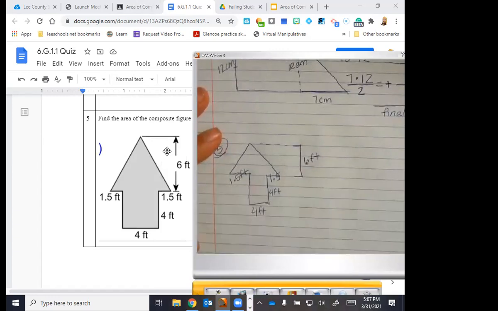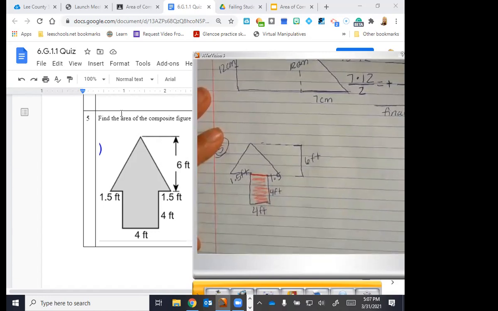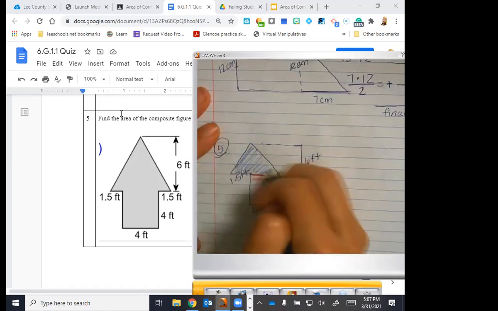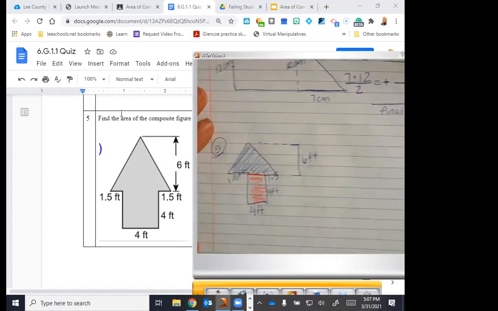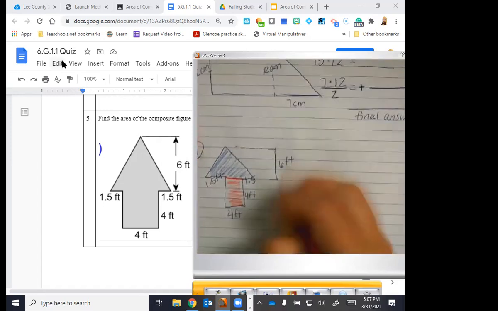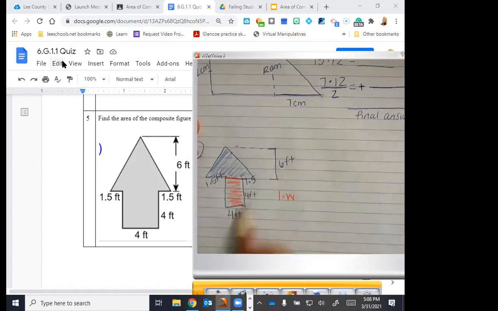I can divide this right here, and I have a square, and then I have a triangle. So again, you need to find the area of 2 shapes and add them together. So for the area of the square, just like we did before, it's length times width, 4 times 4.